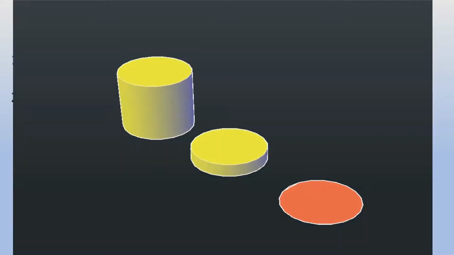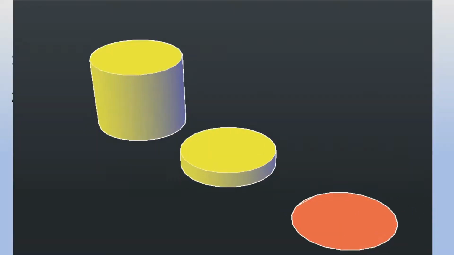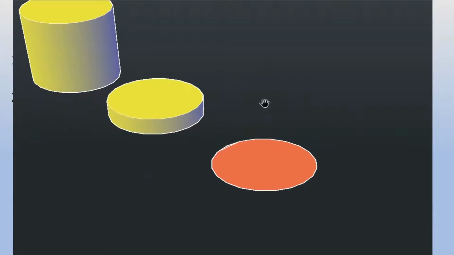For example, the paper in the books in which you write is kind of a plane only. So if you want to understand a circular plane, draw a circle on the paper and just cut it out. That is going to be your circular plane. So as you can see here, now this is our circular plane.